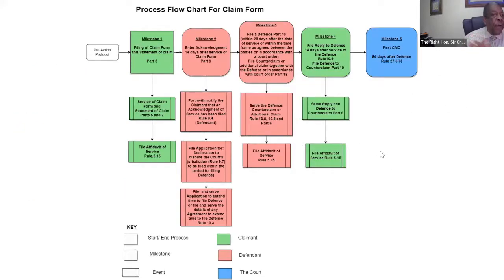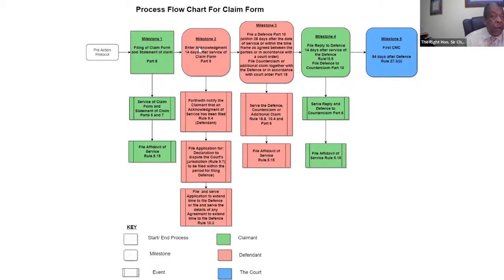Now, we prepared a flow chart here for the claim form, which shows you the way things should work and the time frame within which it should work. So if there are any pre-action protocols or communication, the first milestone is the filing of the claim form. And you'll see the steps that go with it. You file the claim form, you serve the claim form, you file an affidavit of service.